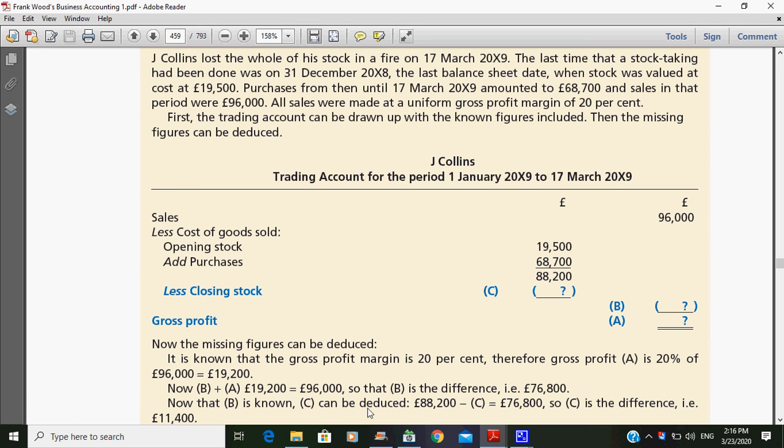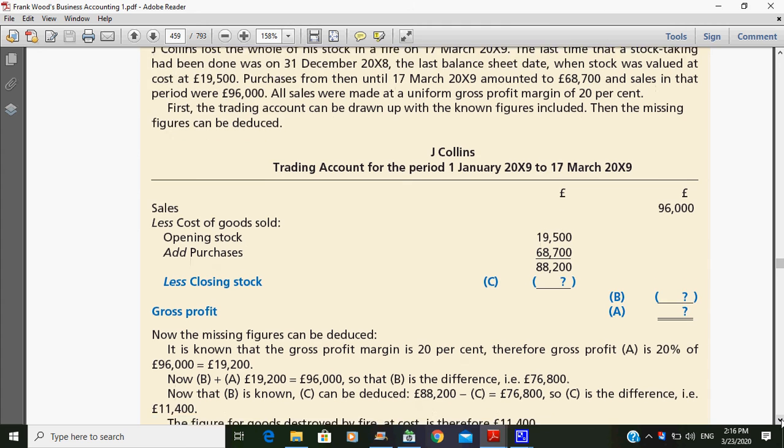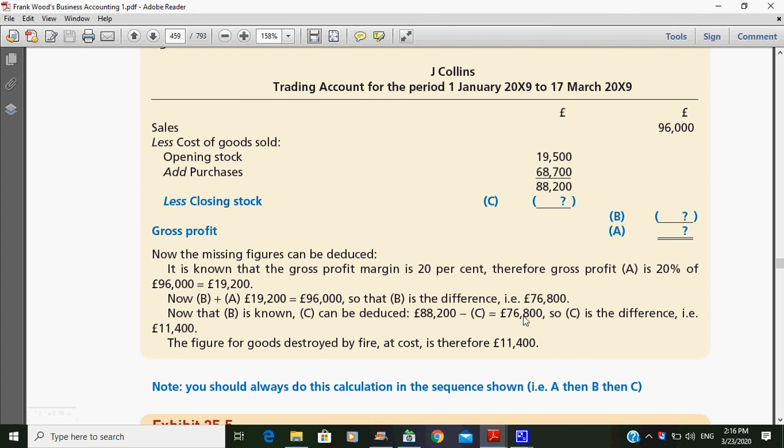C can be deduced. You have to subtract C from 88,200 to get 76,800. So what did you do in this case? You subtract the 76,800 from 88,200, and that will give you 11,400, the difference between 76,800 and 88,200.